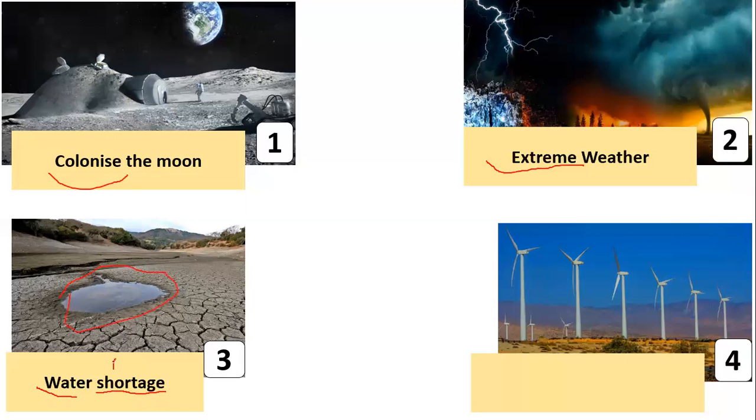Number 4, what did you put? Wind power farms and self-cleaning building. Yes. So a wind power farm, they are these. Have you seen them when you travel or something? Yes.